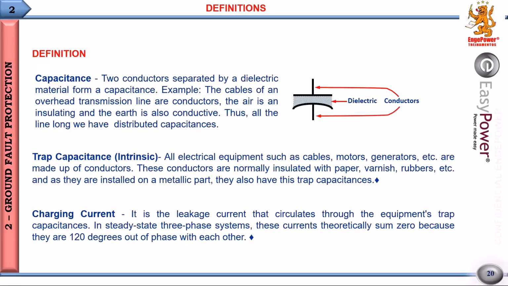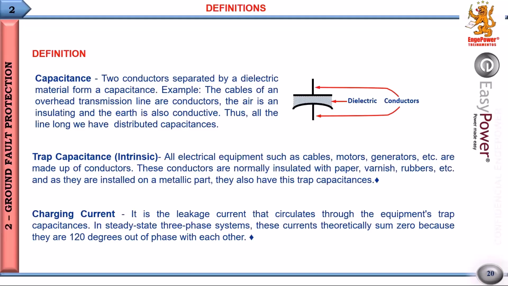So when you see an overhead transmission line, you have the cable of the line, that's a conductor. You have the insulation, which is the air. You have the ground, that's also a conductor. So you have a big, distributed capacitance in the line.